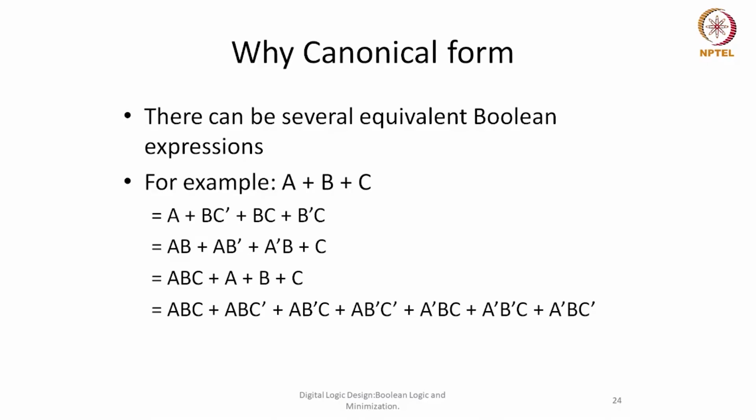Let's see why we require a standard or canonical form. In the last two lectures we have seen there are several equivalent Boolean expressions. That essentially means that for one Boolean expression, let's say a plus b plus c, there could be many different forms in which we can represent the same expression. And unless we know whether another expression is equivalent to the original given expression, it is again an effort to know whether two expressions are the same or not.